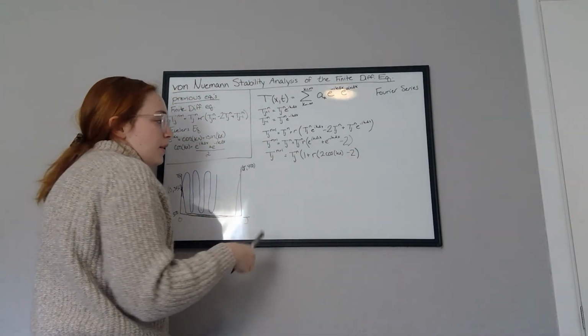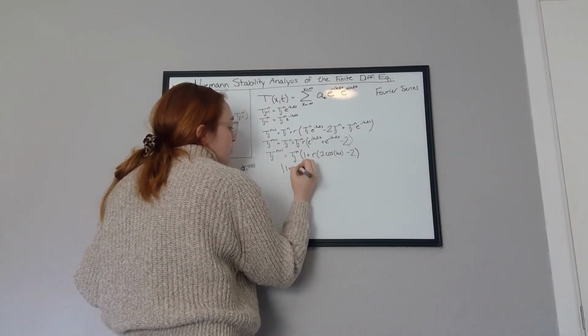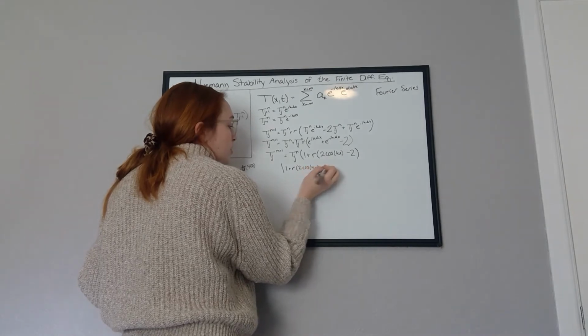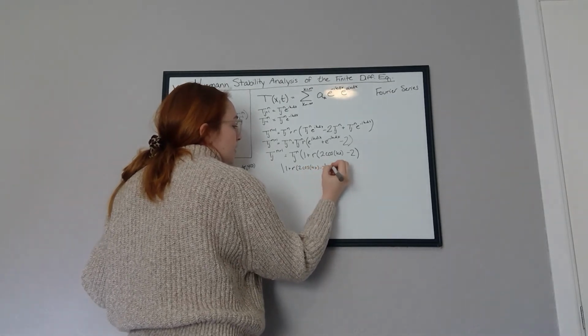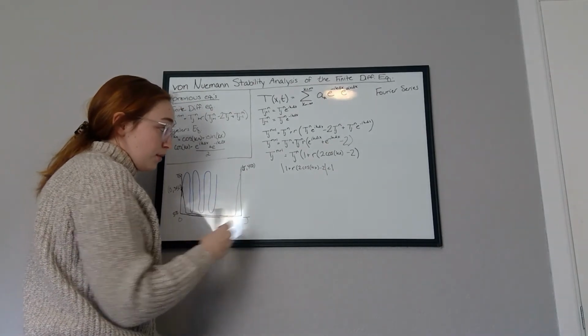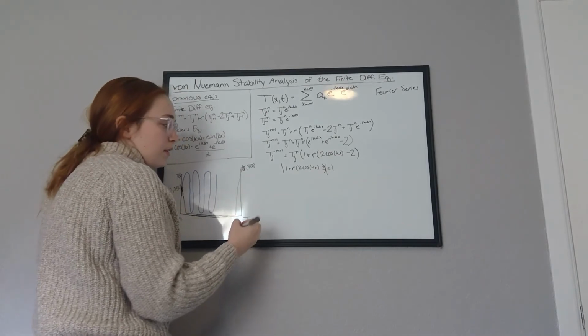And then we know that the absolute value of 1 plus r times 2 cosine k x minus 2 must be less than 1. We will do algebra again to simplify further.